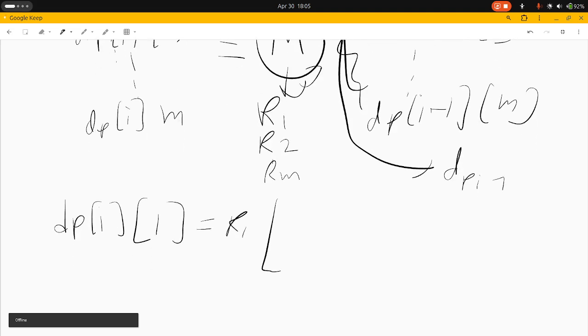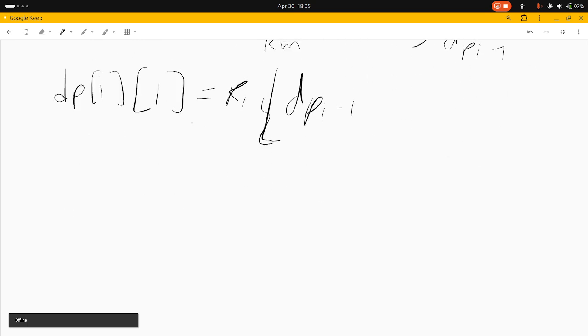So this vector should be multiplied by dp of i minus 1. So this row is multiplied by this vector. So R1 should be such that it converts this thing into this one.